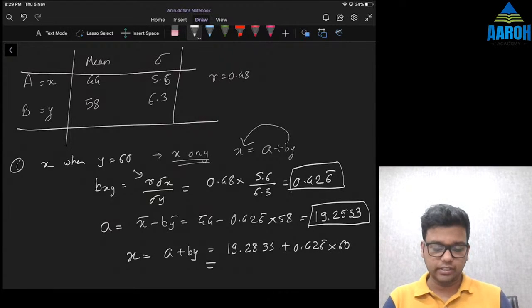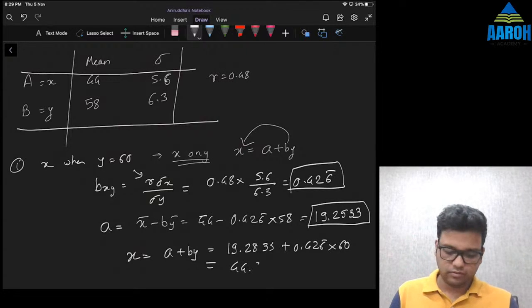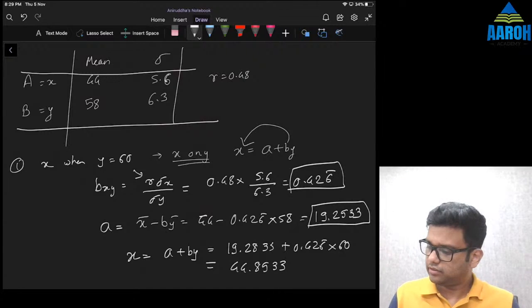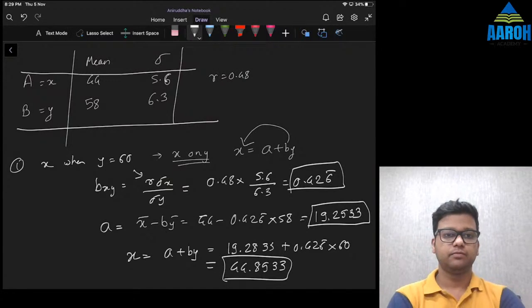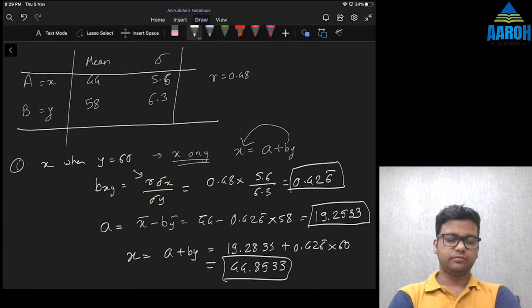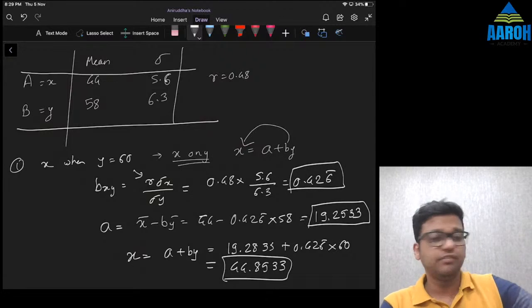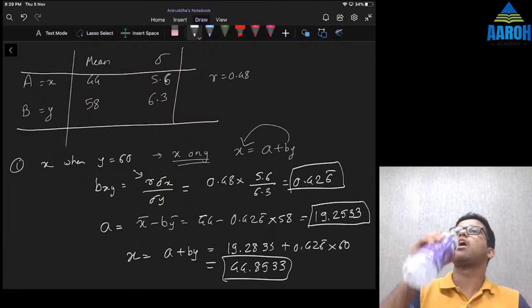Correct. A is also correct, Sanika. Vishwajit correct. Sukanya correct. Good. Find X when Y is 60. Check if everyone is getting 44.8533 or close to that, approximately. That is also fine.